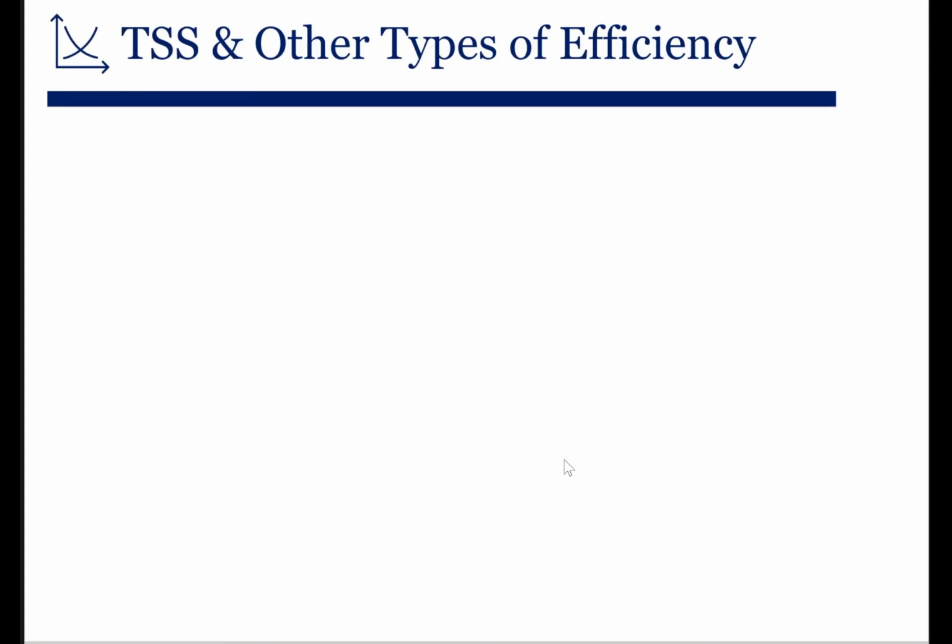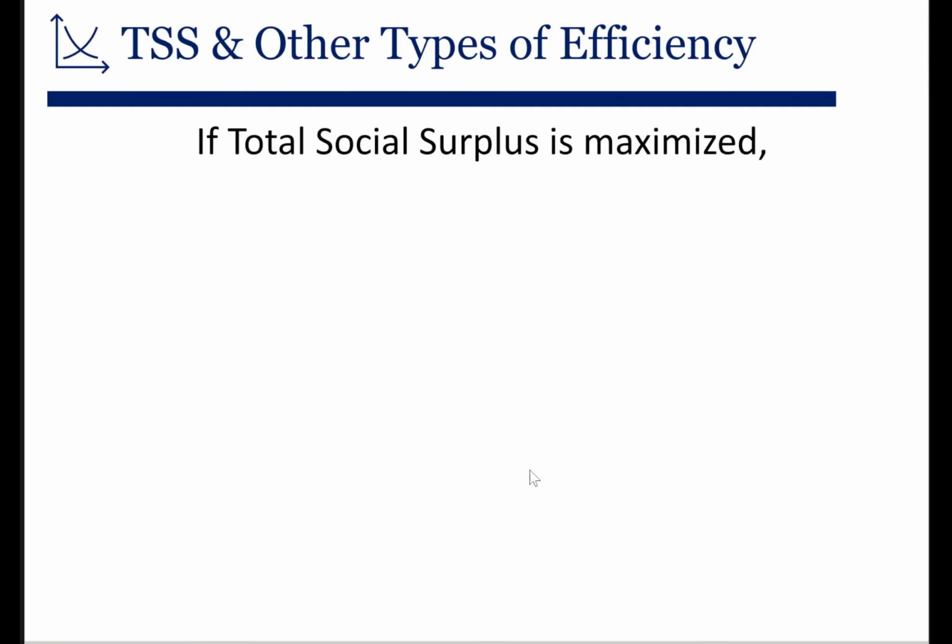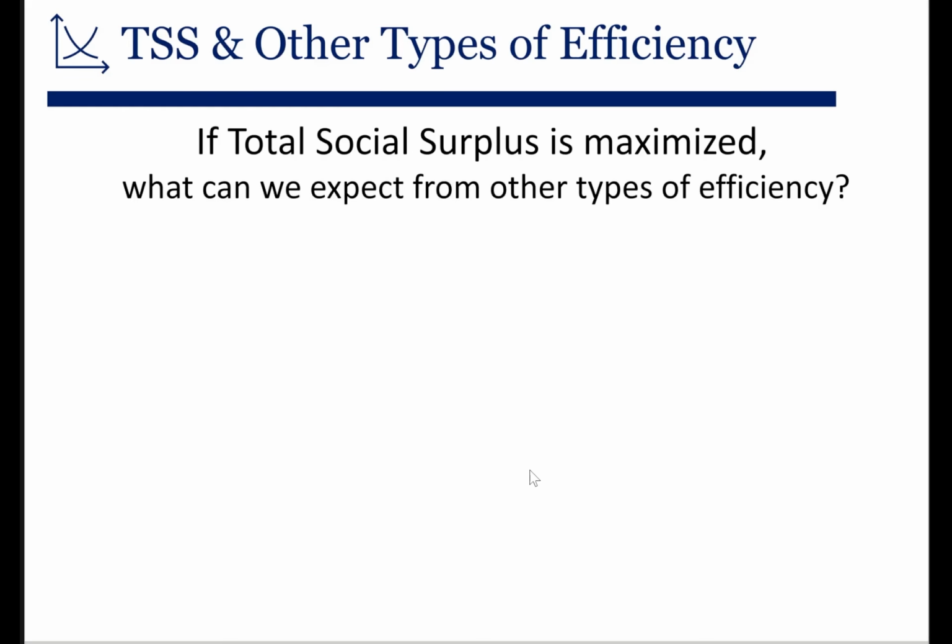So we talked about other types of efficiency. What I want to do now is compare total social surplus, the one we've worked on and developed in looking at supply and demand, and see when total social surplus happens, what can we expect from these other types. So let's start with productive.